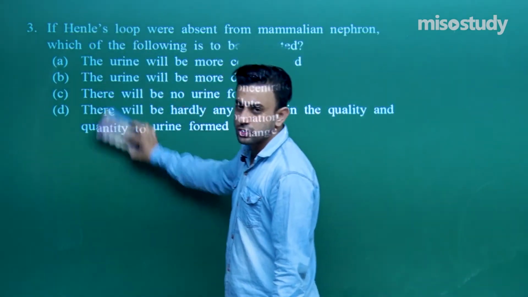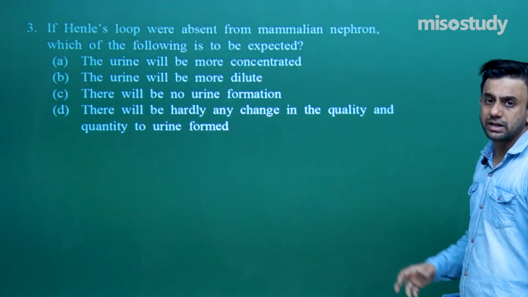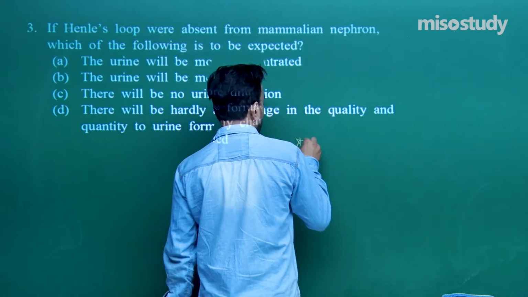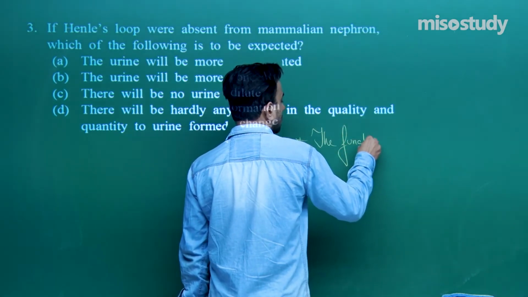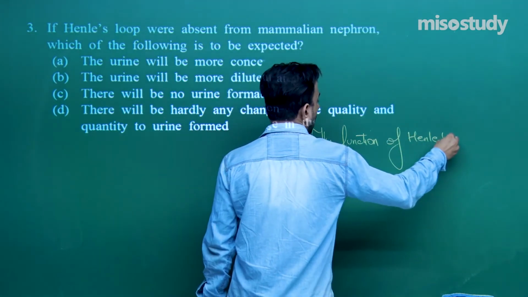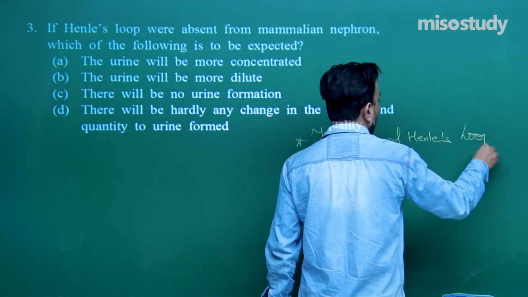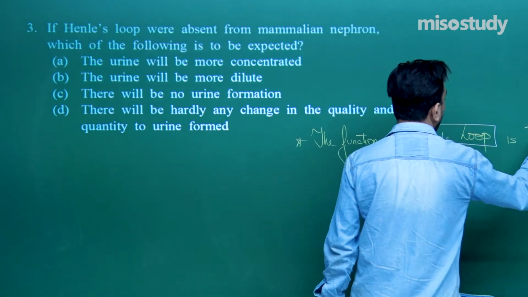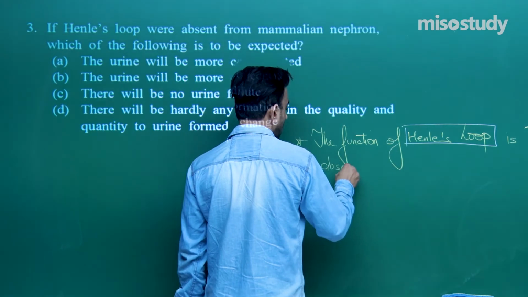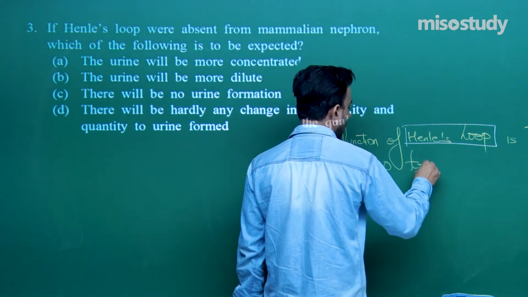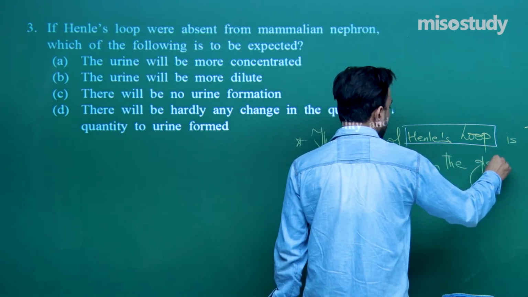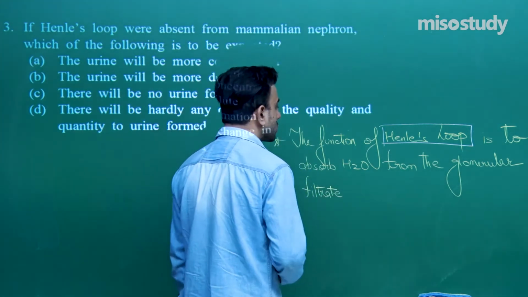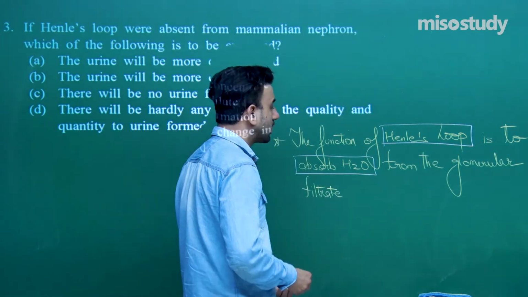We all know the function of the Henle's loop in the mammals, it is to absorb water from the glomerular filtrate and to concentrate the urine.